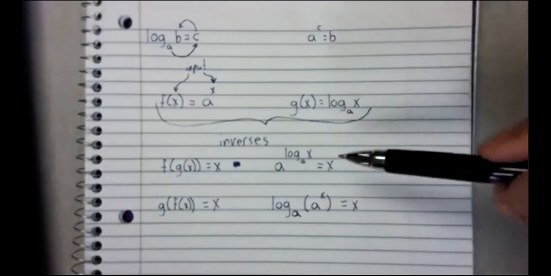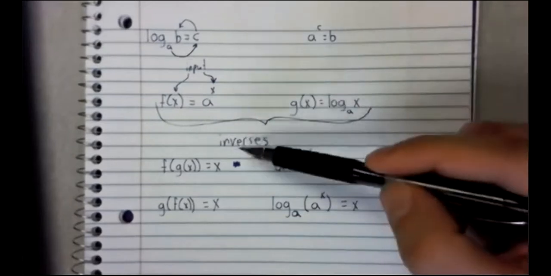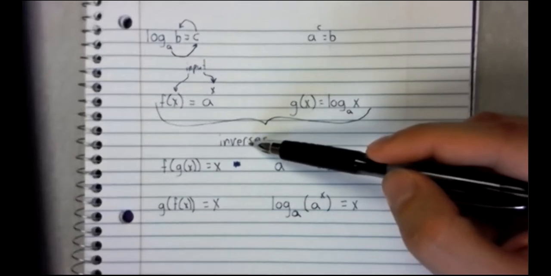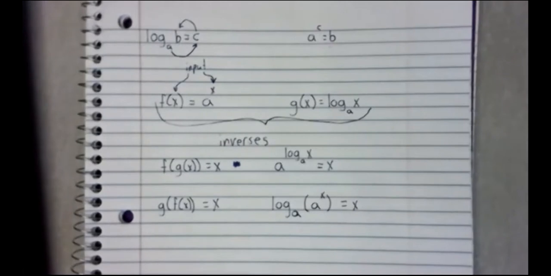So logarithms and exponentials undo one another. They are inverses of one another.